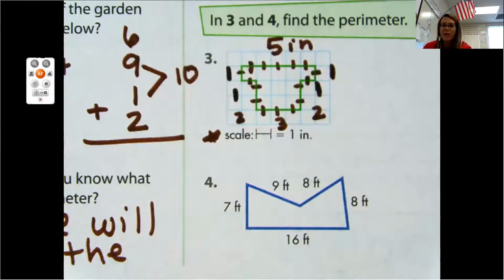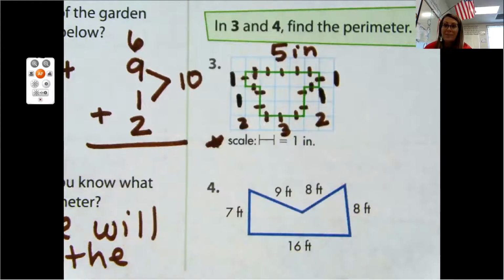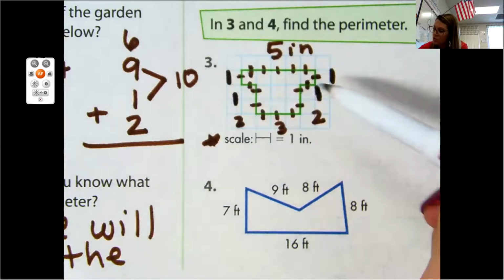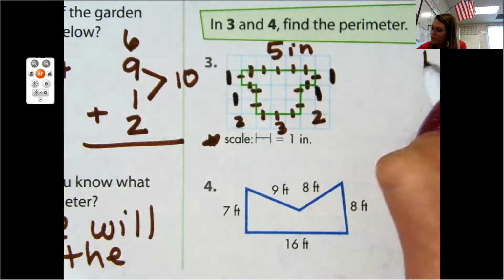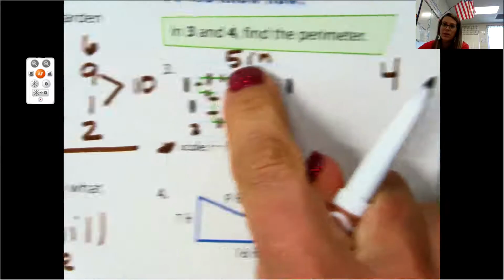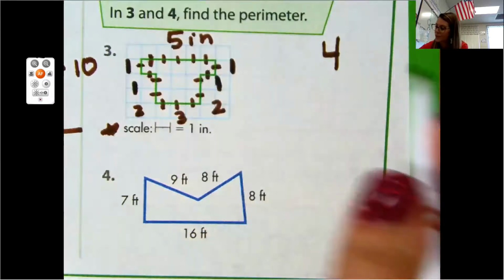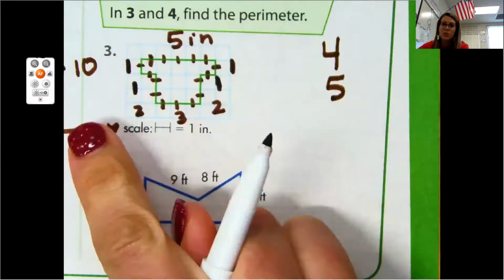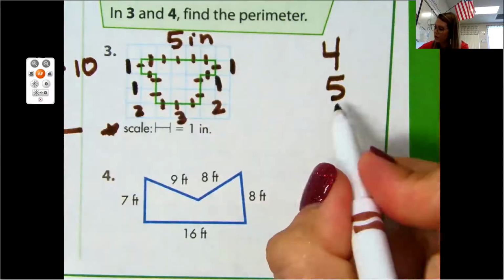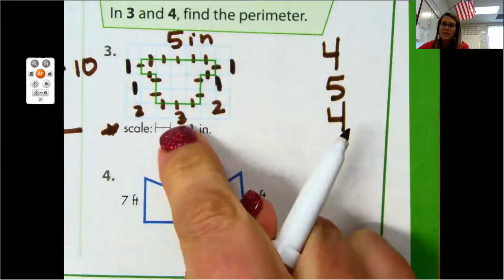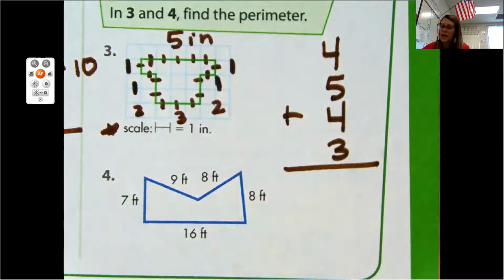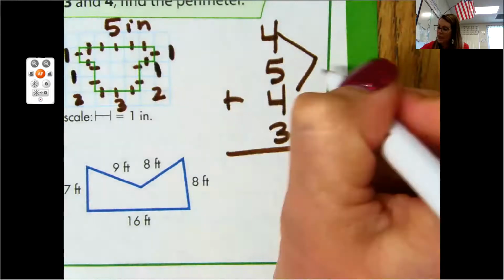So after we find out the length of each side, we have to add them together. So let's start with our ones. 1, 2, 3, 4. All right, we've got 4 plus, oops, sorry, you can't see it. 4 plus 5 plus, oh, here's 2 plus 2. What's that? Plus 4 plus 3. Okay, so let's add them together. Well, we know 4 plus 4 is what? 8.